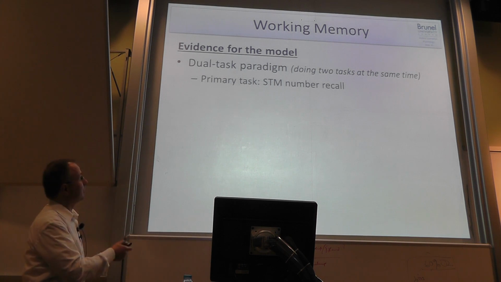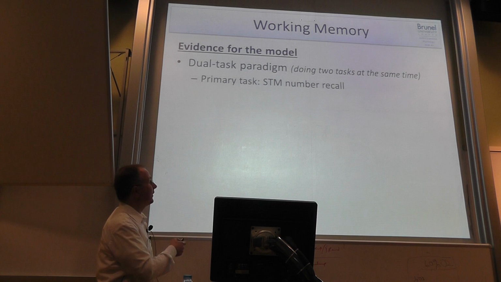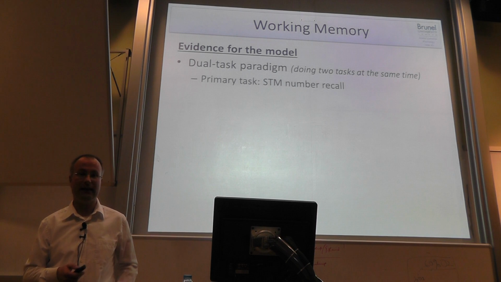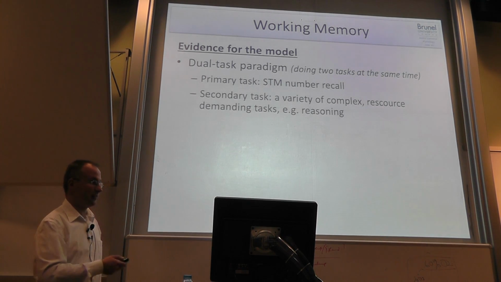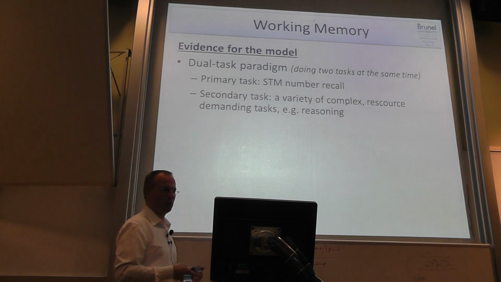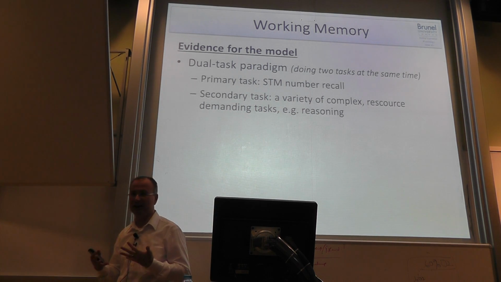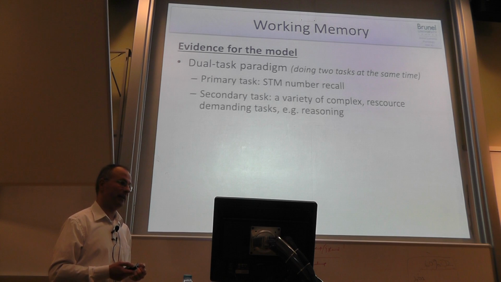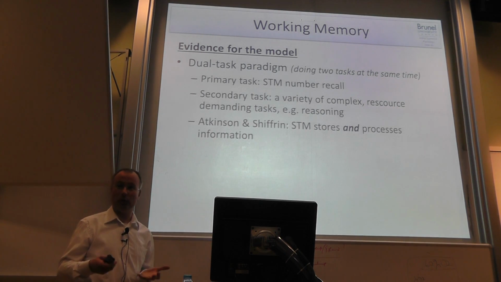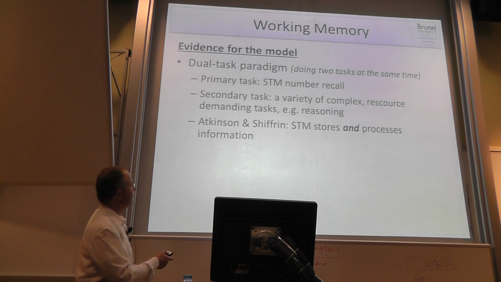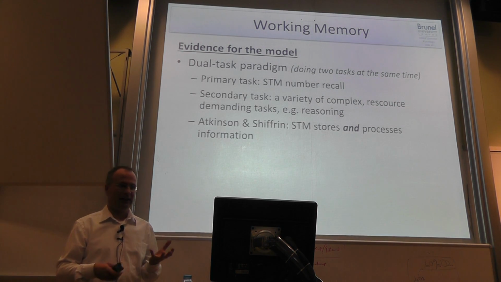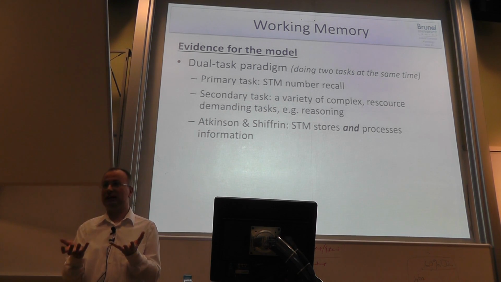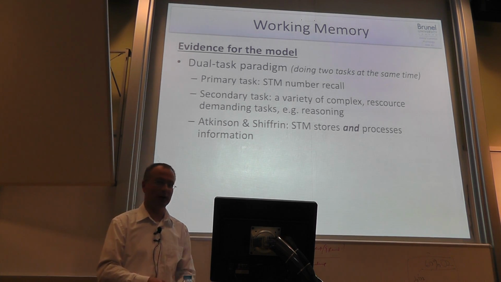For instance, just to give you a couple of examples, if you use as a primary task short-term memory number recall, as we have seen here already today, and as a secondary task a lot of other complex resource-demanding tasks, for instance reasoning tasks, which demand more the central executive system, then you can see that they nicely work in parallel. In Atkinson and Shiffrin's models, the short-term memory stores and processed information, so storage and processing should interfere with each other in their model.